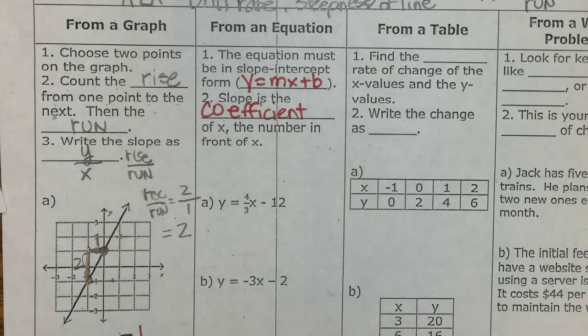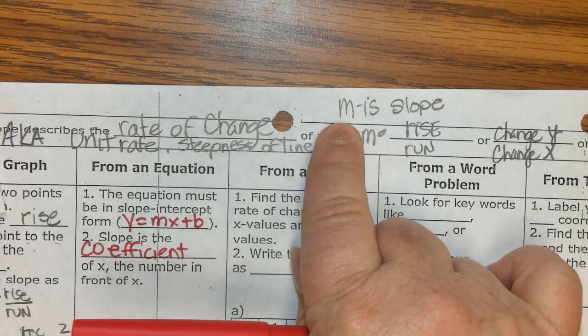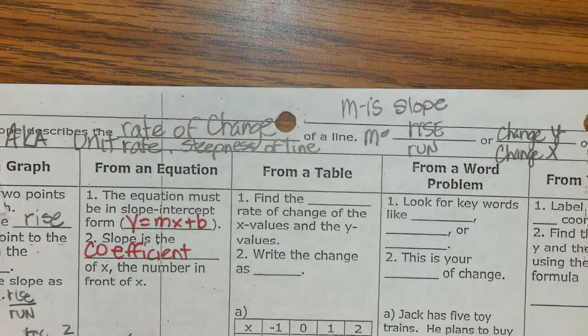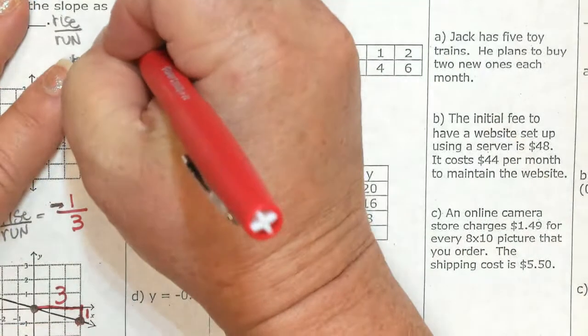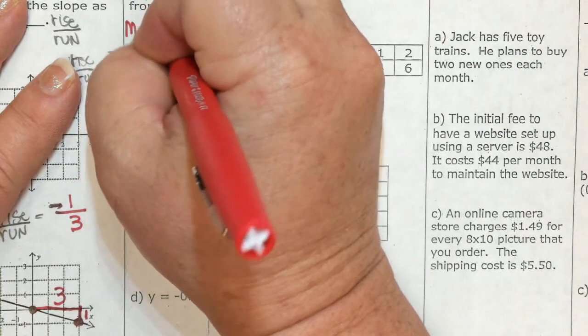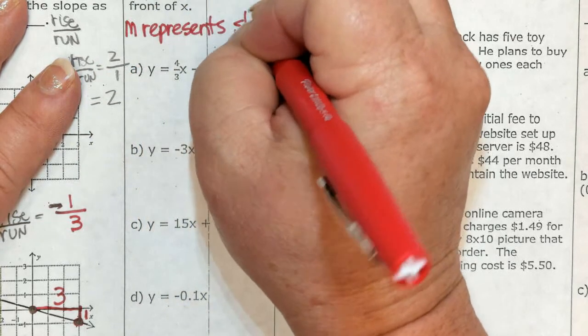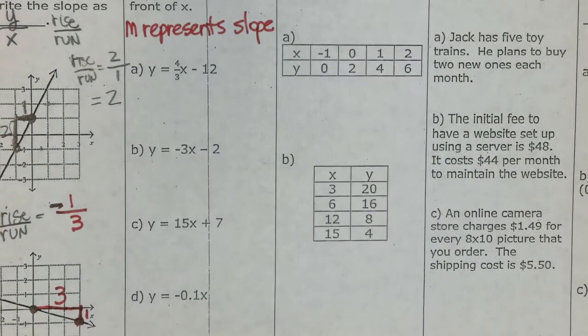What letter? And remember I said up here, m is slope. So m represents slope. So in the equation, m represents your slope.